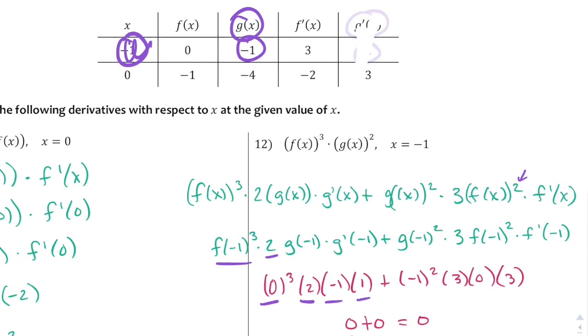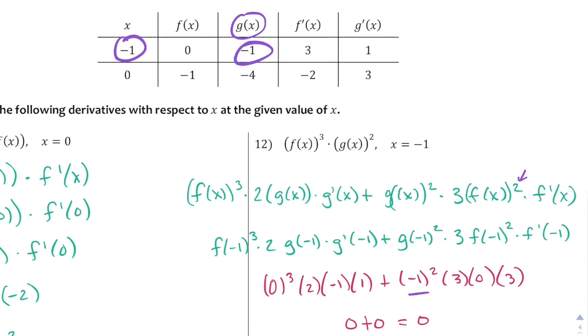Now the second one, let me clean up. The second one is going to be g of negative 1 squared. So g of negative 1 is negative 1 squared, and then times 3, f of negative 1 squared.